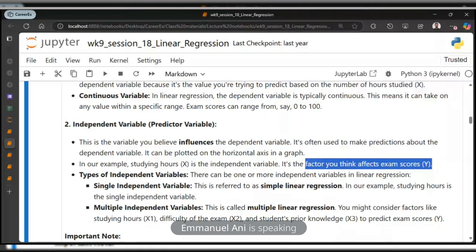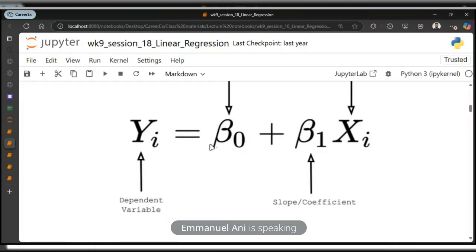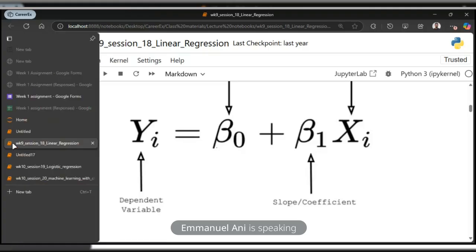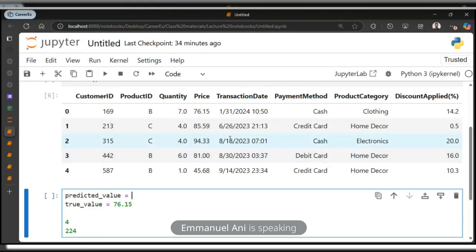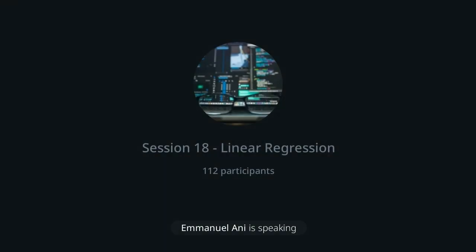Before you select variables to use for prediction, you have to be sure that the variable has an influence over your target variable. For instance, with this data set we have here, before you use it for machine learning, you don't just use everything.